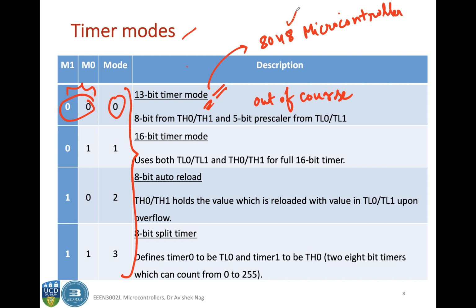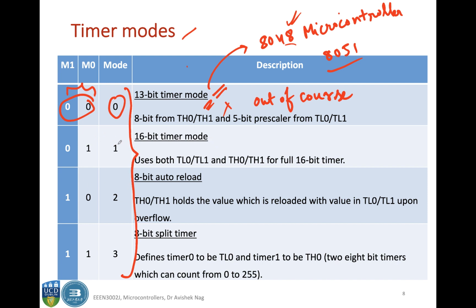This used to come before the 8051 came. Mode 0 doesn't exist for the 8051. It was for the 8048, and we are not interested in this mode for this module. So what we are interested in are these modes.